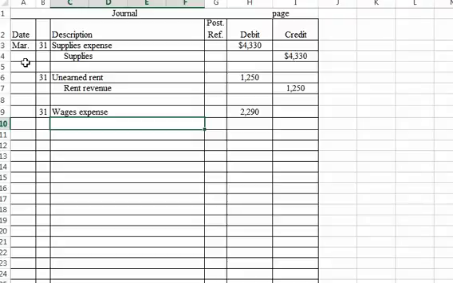So instead of crediting cash, we're going to set up a liability account, wages payable. We have a liability there to our employees. Even if we don't operate in the new year, we still have to pay them for work they've already performed in year one. So what we did there, we increased an expense account with the debit, wages expense, because the employees worked in the month of March.